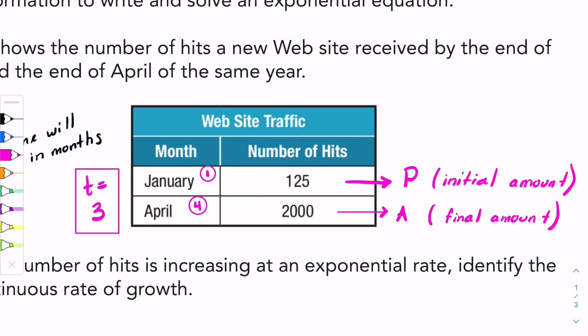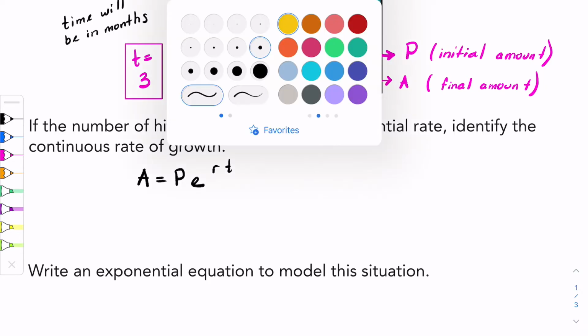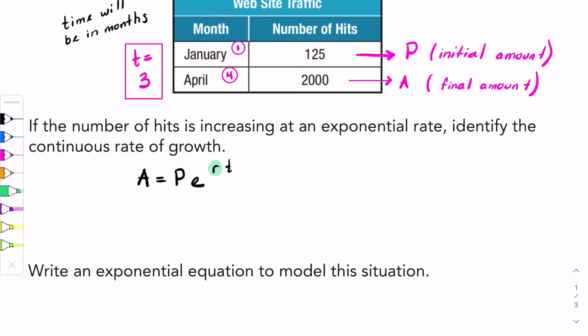So now we're going to look at the equation, just like we've looked at the compounded continuously equation before. We have A is equal to the initial amount times E raised to the power of rate times time. Now, the only thing we don't know in this equation is the value of the rate. We have no idea what R is.